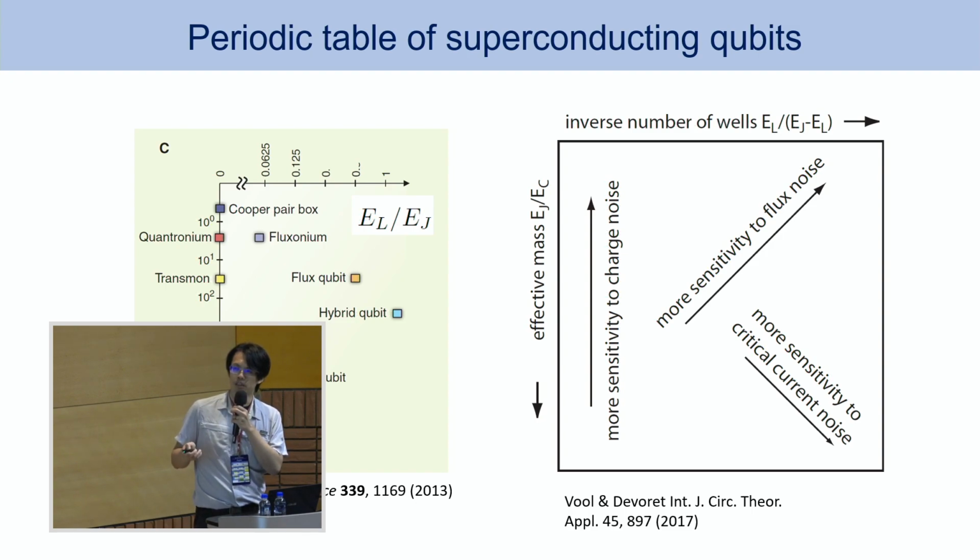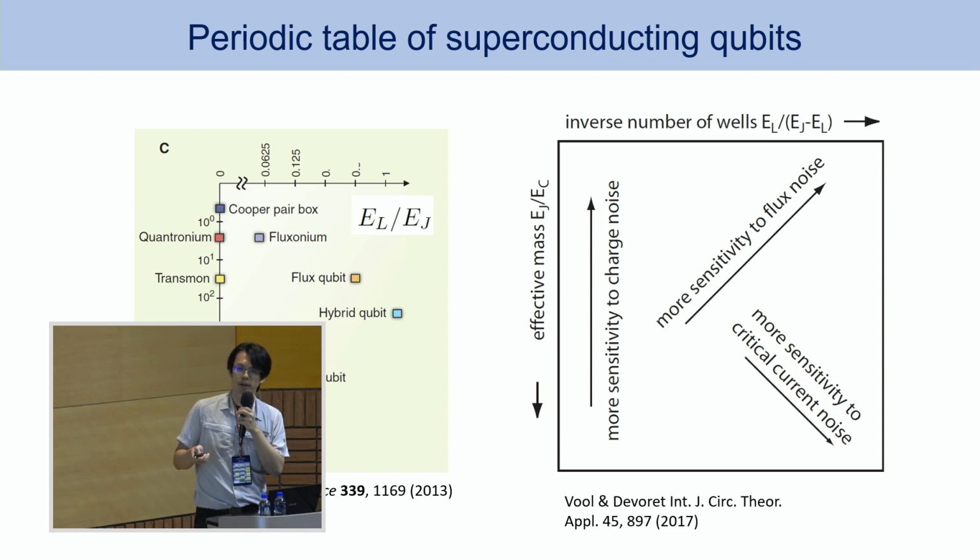For example, on the left-hand side here, if your EJ over EC is getting to the bottom right here, then it's less sensitive to the charge noise, which is, for example, why the transmon is less sensitive to the charge noise.